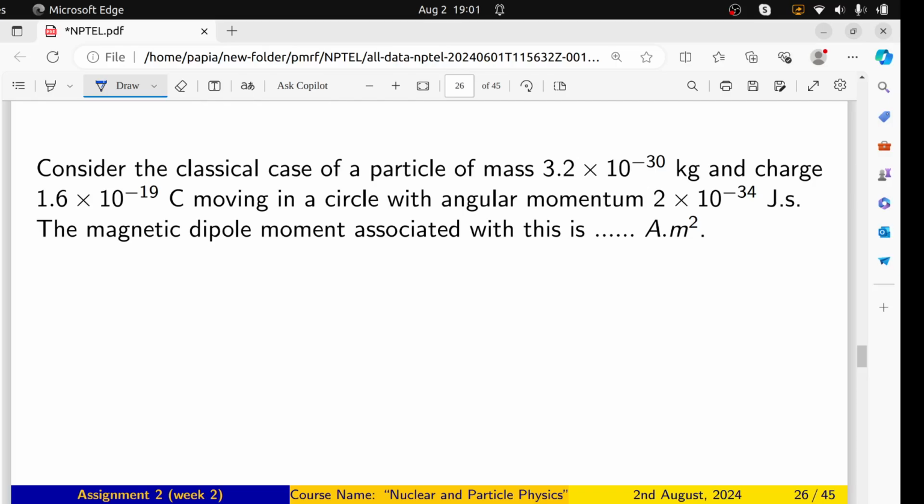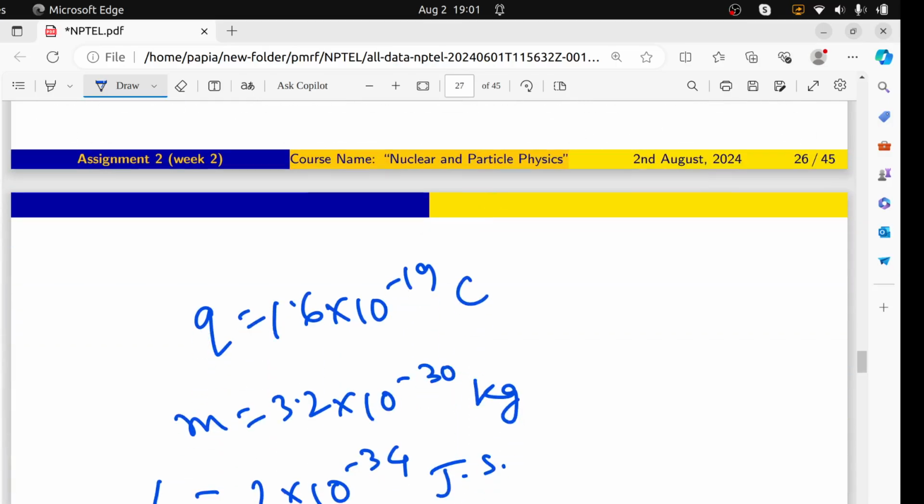Let's say this is a particle moving in a circular path, and if it is a charged particle, then obviously it will produce a magnetic field, right? So what will be the magnetic field for this particle that they are asking?